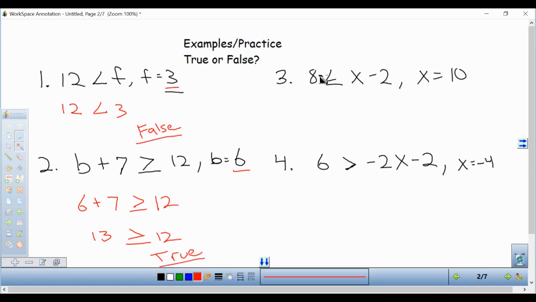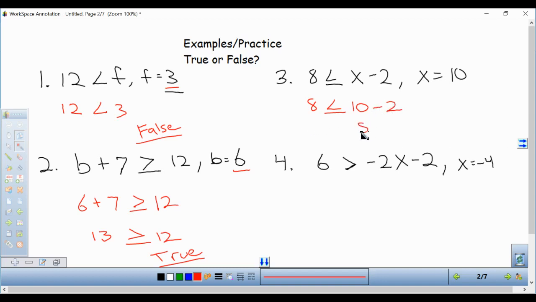Now, number 3. 8 is less than or equal to x minus 2. So now we're going to solve, and plug in this number for x, says x equals 10. 8 is less than or equal to 10 minus 2.